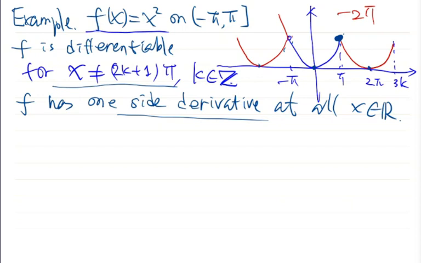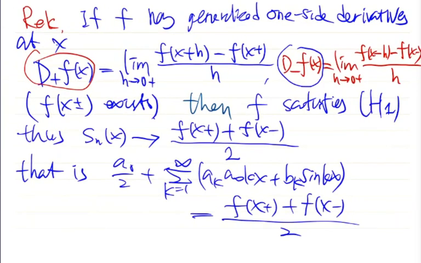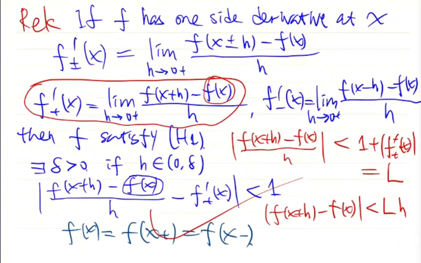Okay, the limit of the derivative. So you can see that the left and right derivative of f at minus pi is minus 2 pi, as you can check. Okay, it is easy calculus. So this f satisfies our condition that f has one-sided derivative.